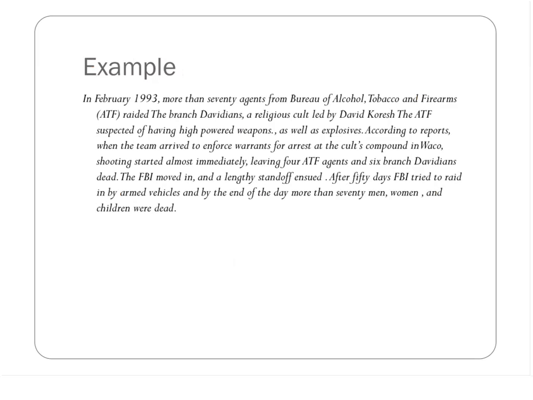When the team arrived to enforce warrants for the arrest of these cult members in Waco, shooting started almost immediately, leaving 4 ATF agents and 6 Branch Davidians dead. So the FBI moved in, and a lengthy standoff ensued. After 50 days, the FBI tried to raid with armed vehicles, and by the end of the day, more than 70 men, women, and children were dead.